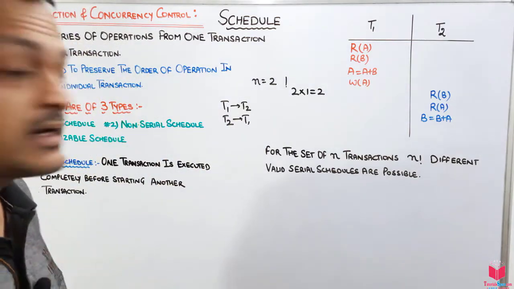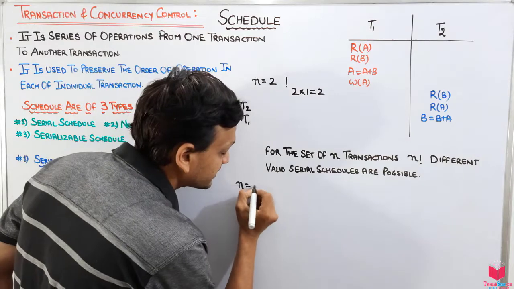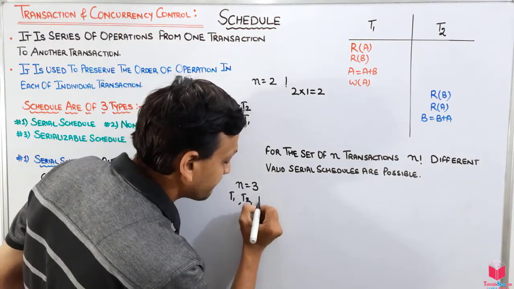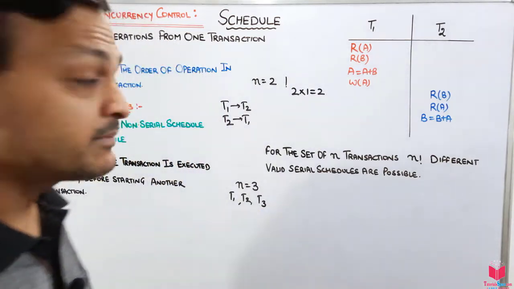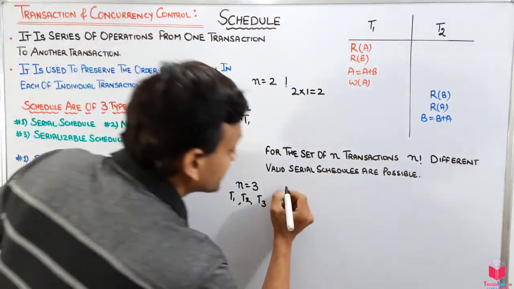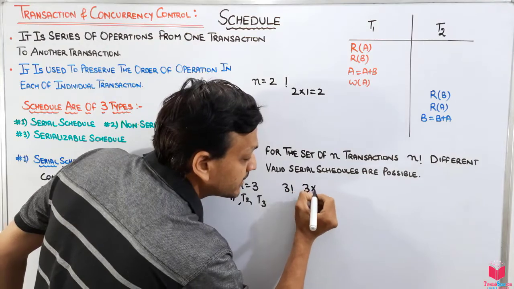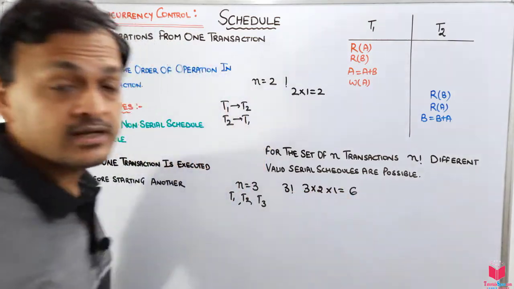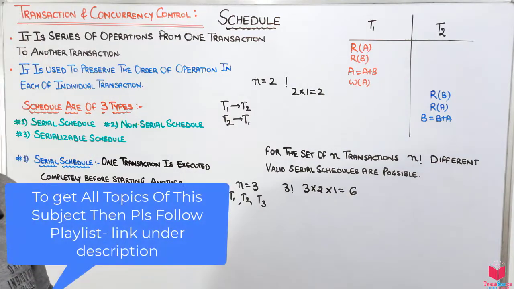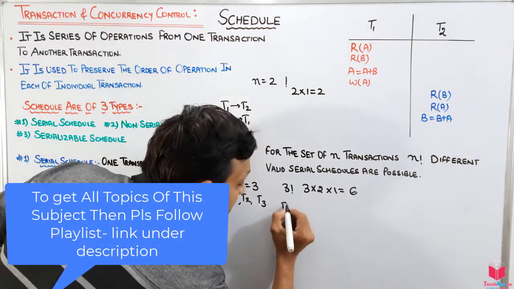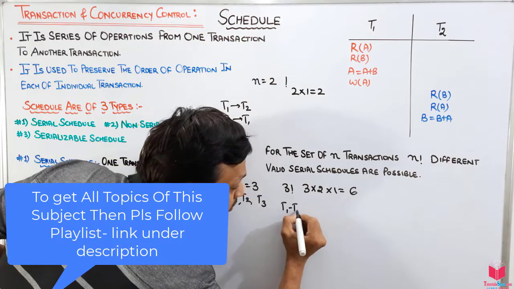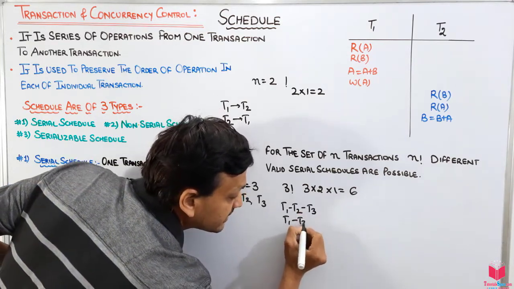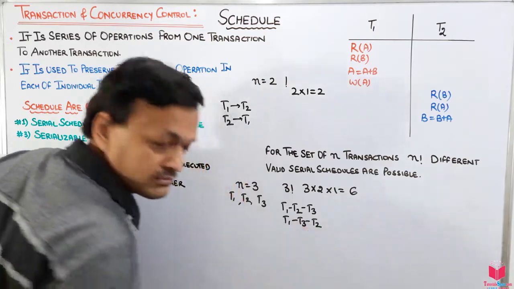If there are three transactions, T1, T2, T3, what are the possible serial schedules? 3 factorial, which is equal to 3 multiplied by 2 multiplied by 1, which is equal to 6. So I can arrange 6 valid serial schedules here. How? First I can arrange T1, T2, T3, then T1, T3, T2.